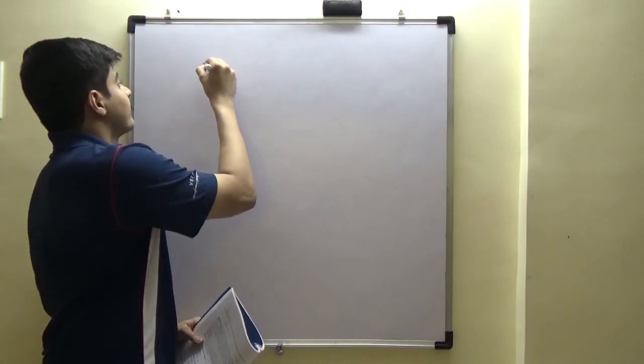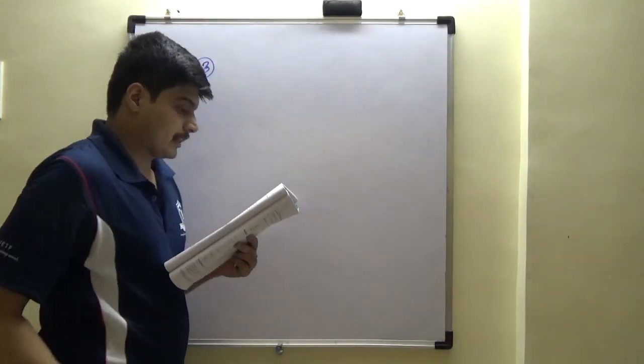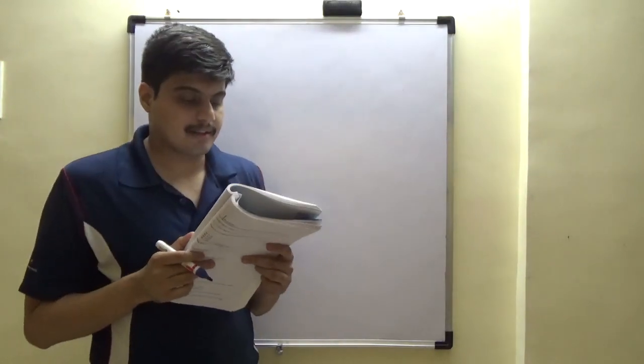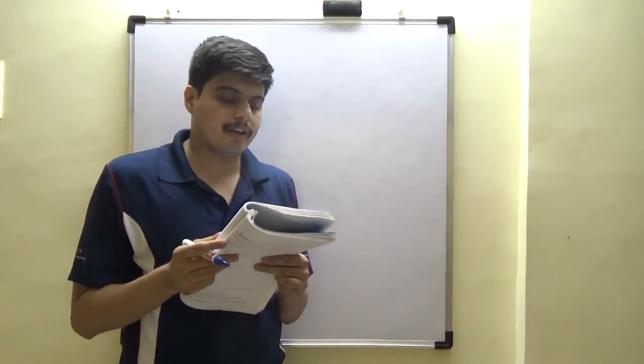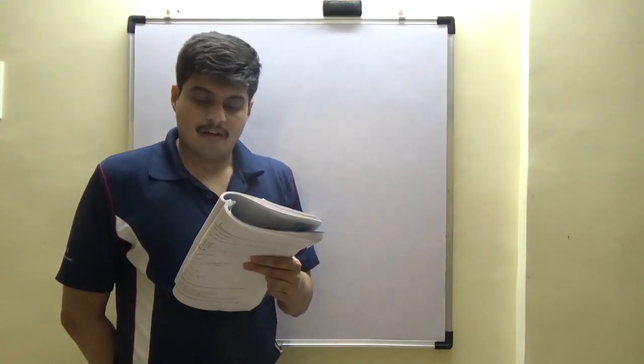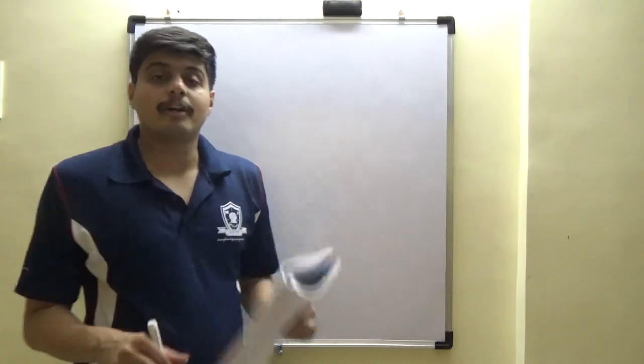Question number 3. Air at a stagnation temperature of 15 degrees Celsius and stagnation pressure of 100 kilopascal enters an axial compressor with absolute velocity of 120 meter per second.